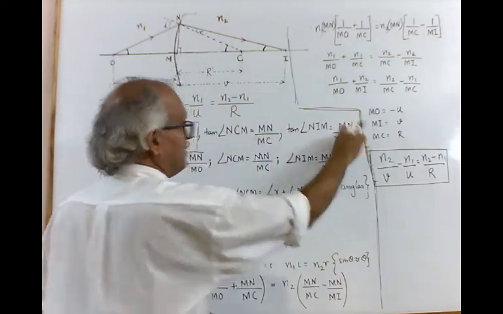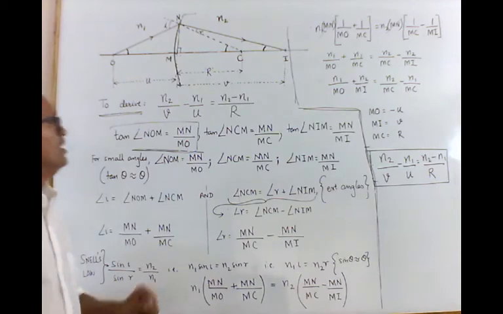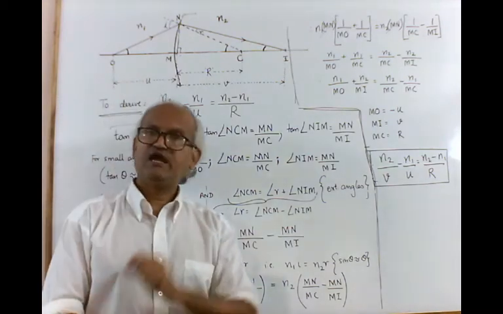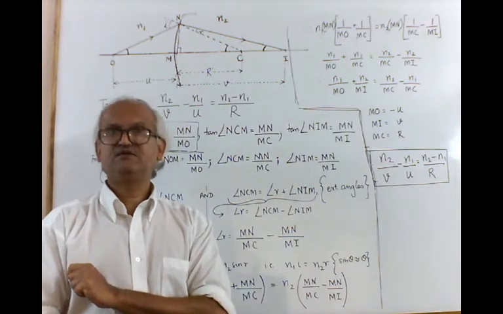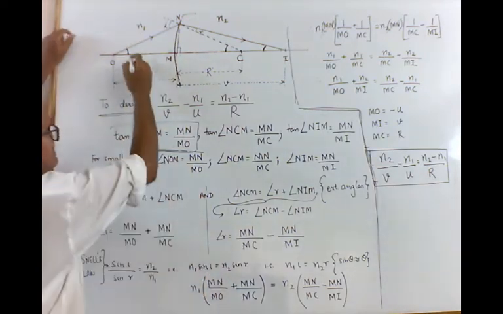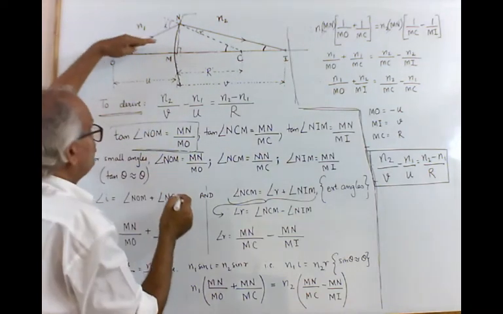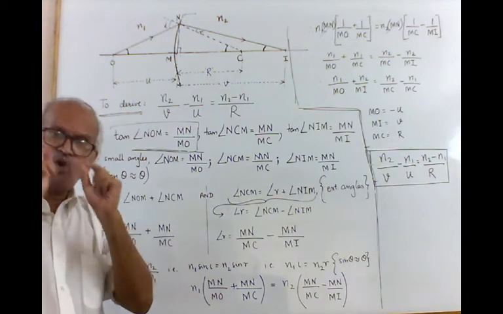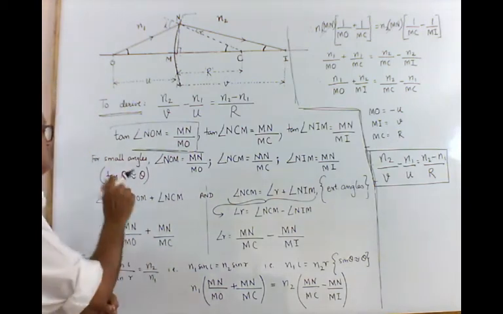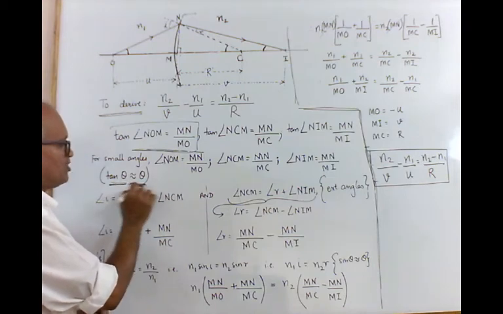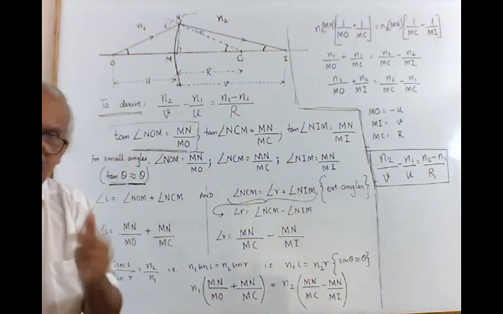Now, we have said that we are considering only paraxial rays over here, and for paraxial rays, these angles are going to be very small, these rays are going to be very close to the principal axis. In that case, for all small angles, tan theta is approximately equal to theta itself.